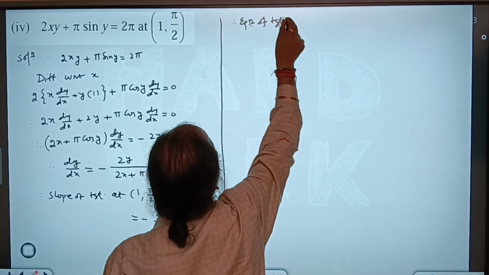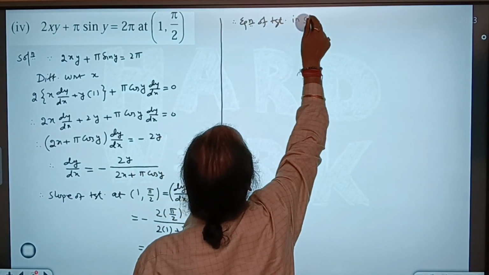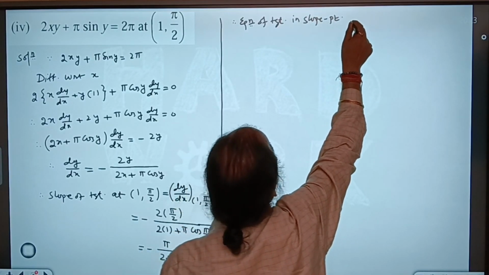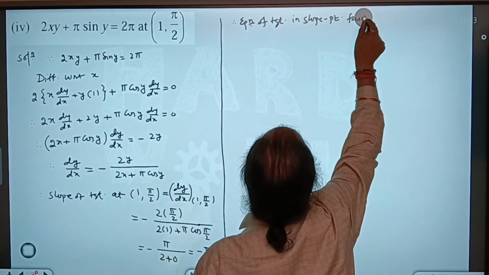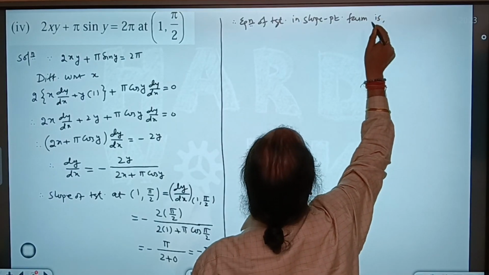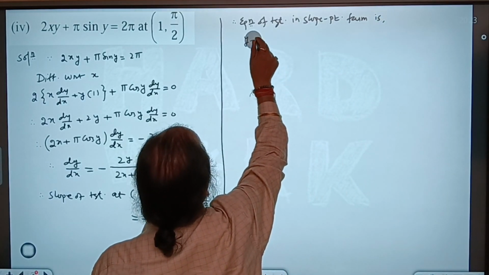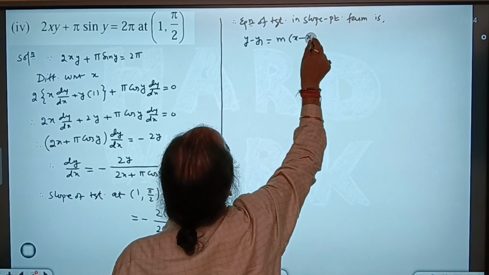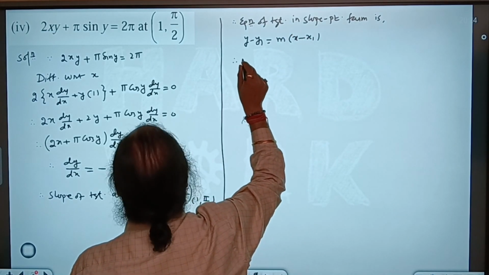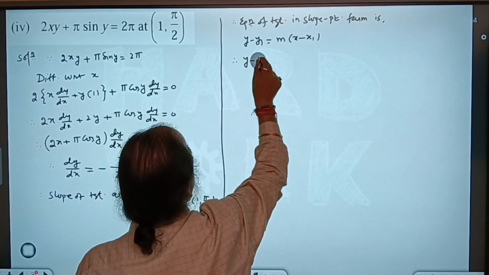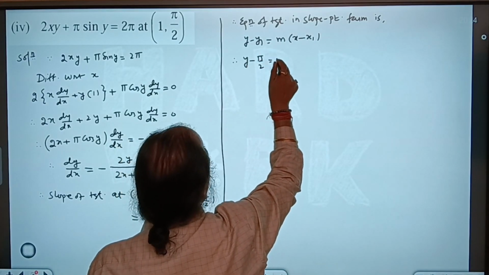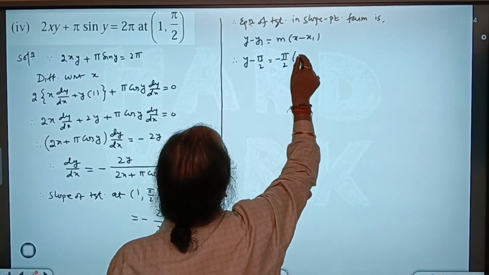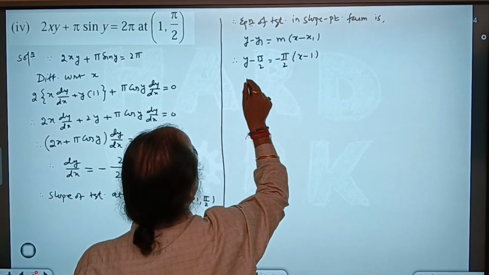Therefore, equation of tangent in slope point form is y minus y1 is equal to m into bracket x minus x1. So y minus pi by 2 is equal to minus pi by 2 into x minus 1.